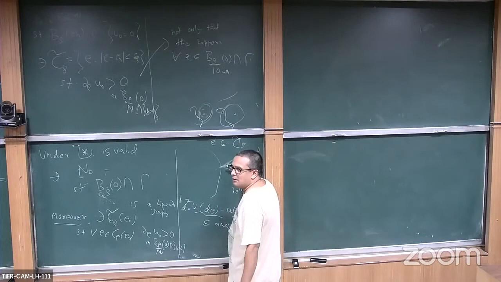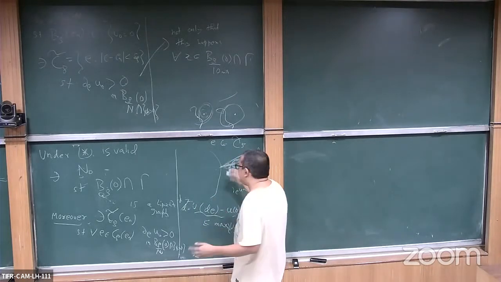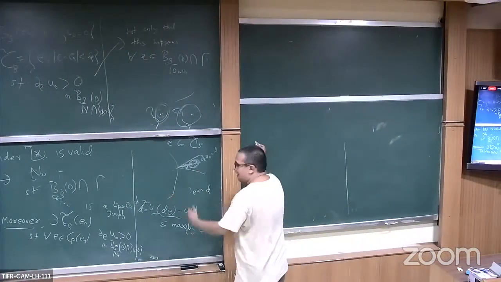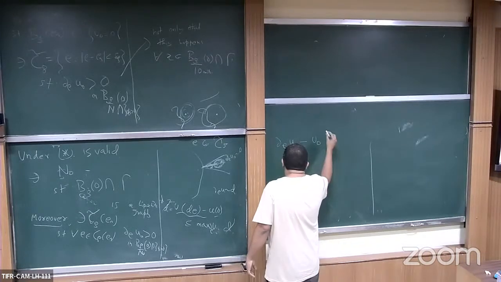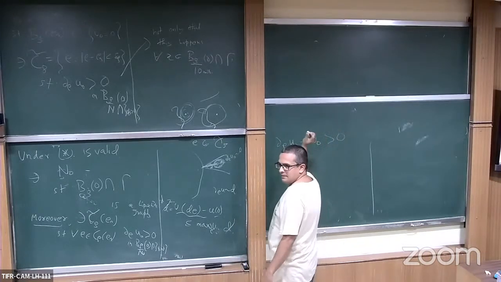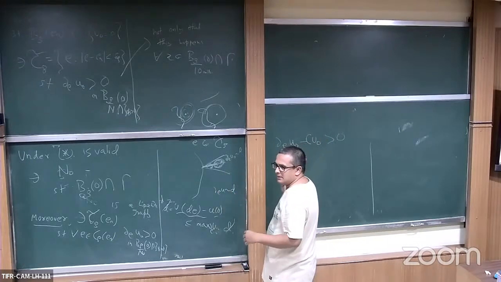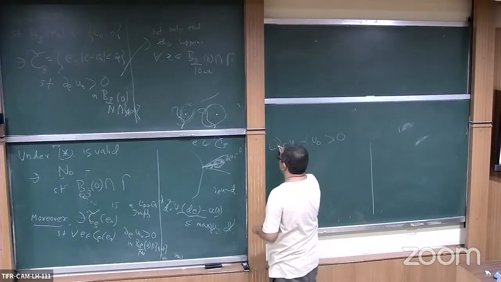And what can you say about U? U is like D square. So if D is very small, then I know that del E of U naught minus U naught is strictly bigger than 0. Agree? Or if you want, you put a constant here.